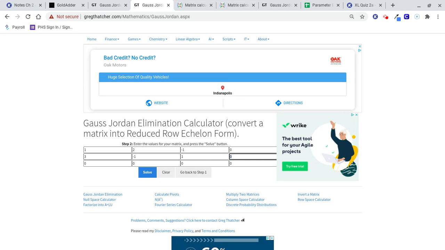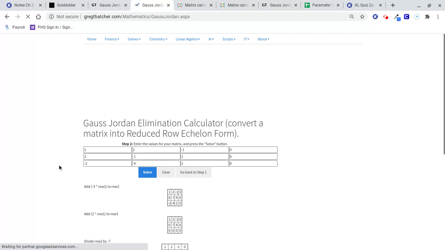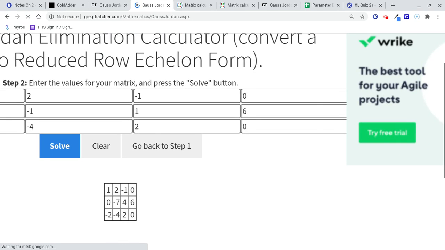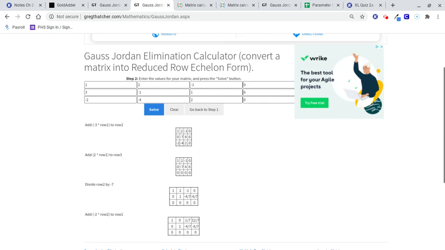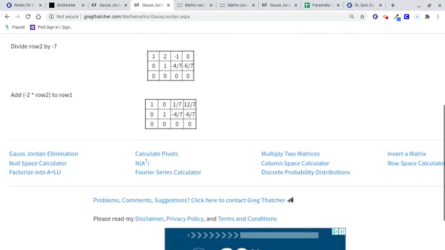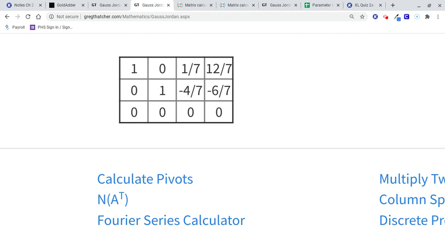Makes it go faster, I think. And then we hit solve. This thing's going to take us through the Gauss-Jordan process, and we don't really care about their process as much as the answer. We get to there, that's their reduced row echelon form of the matrix.